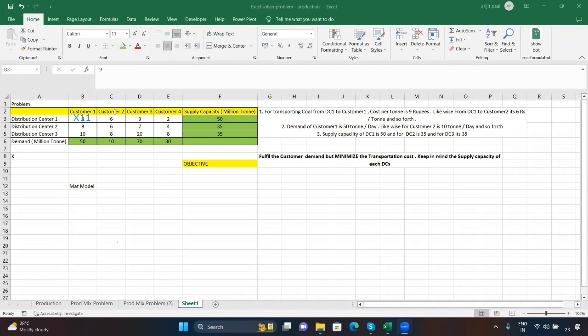The next cell we are going to refer to as X12. The next cell we are going to refer to as X13.